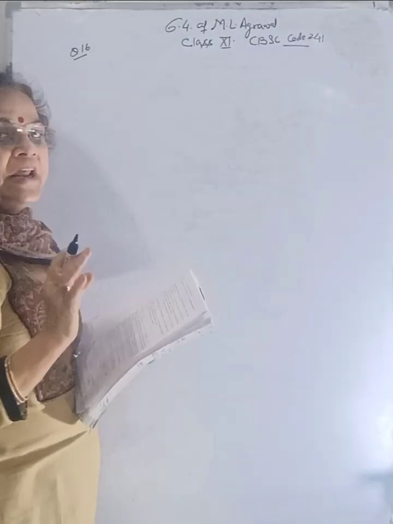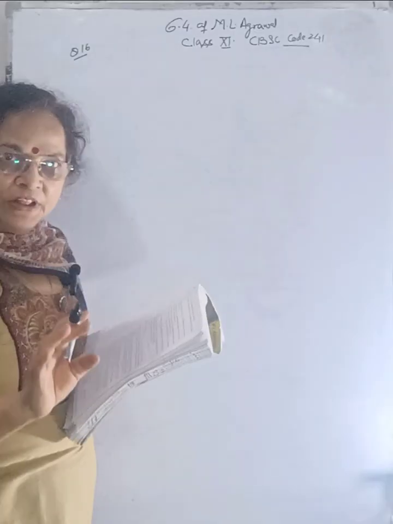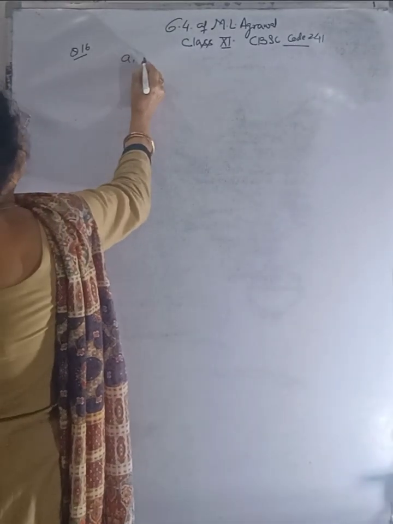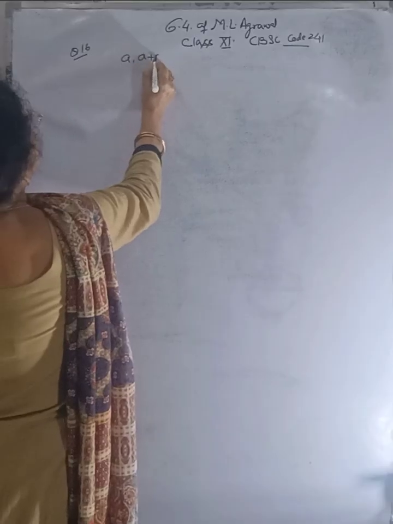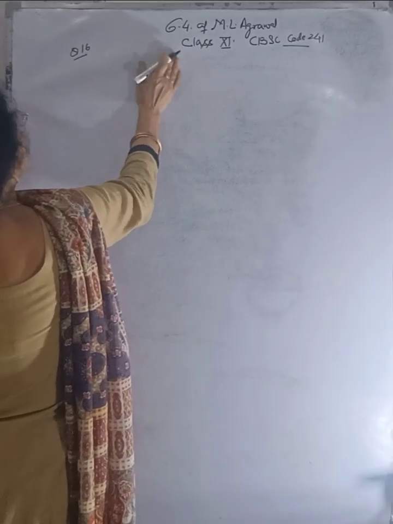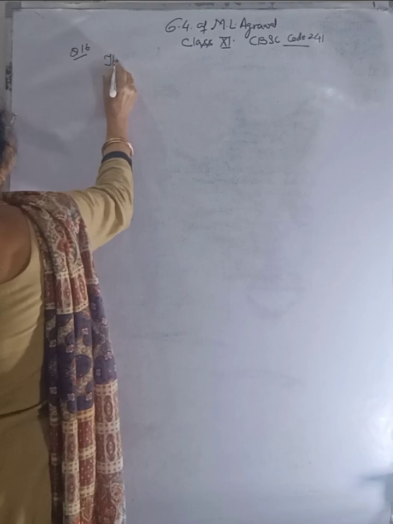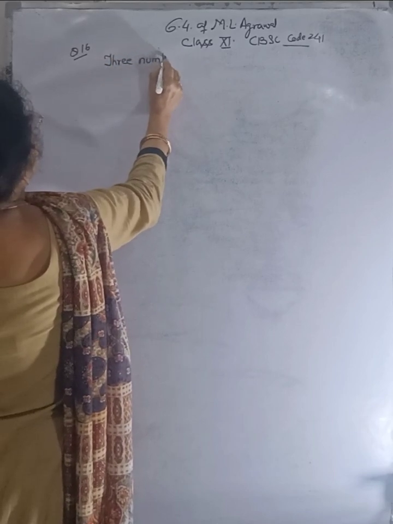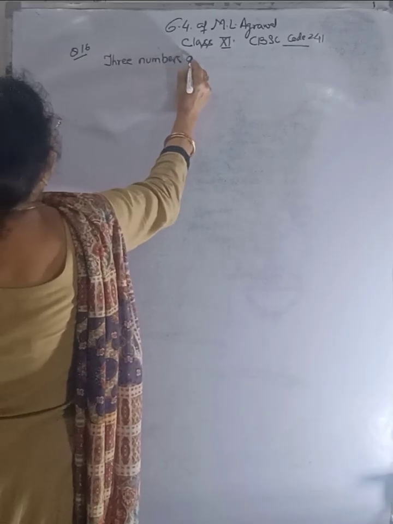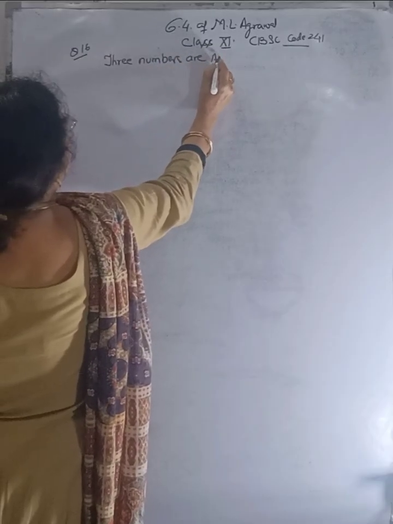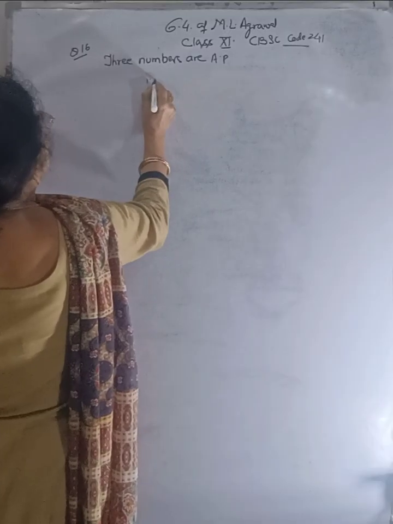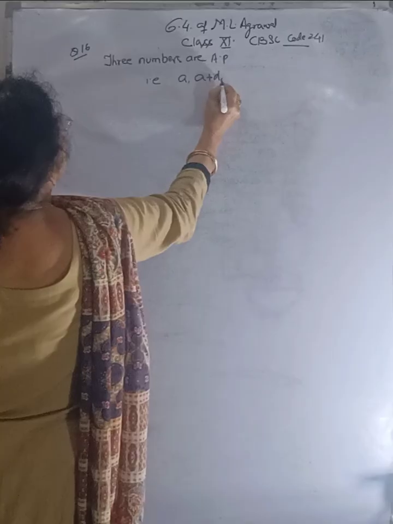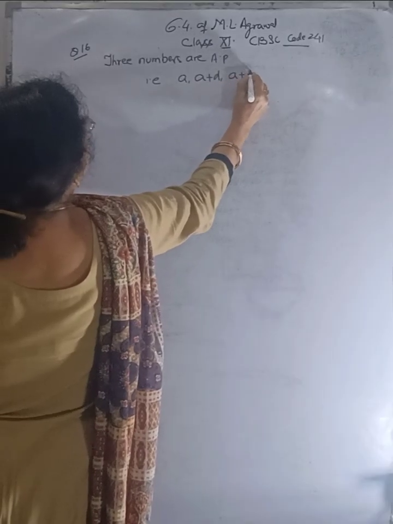Three numbers are in AP. We are given three numbers, they are in AP. It means we are having A, A plus D and A plus 2D.